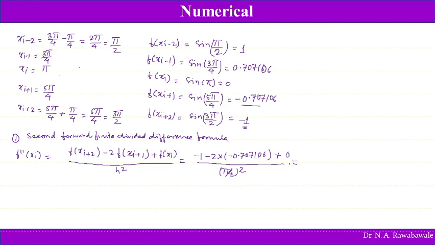minus 1 minus 2 into minus 0.707106 divided by pi divided by 4 square.